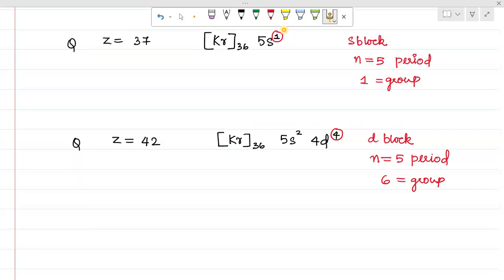All right. Let's try another question. Atomic number 84. Write the electronic configuration. 86 is radon, so this is 84. The noble gas which is ahead is xenon, 54.